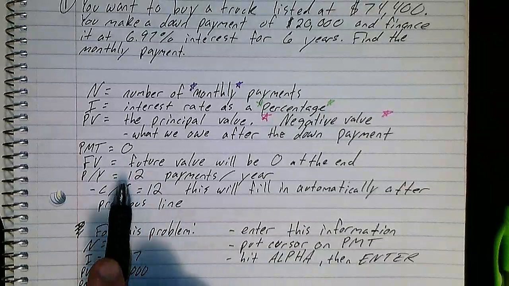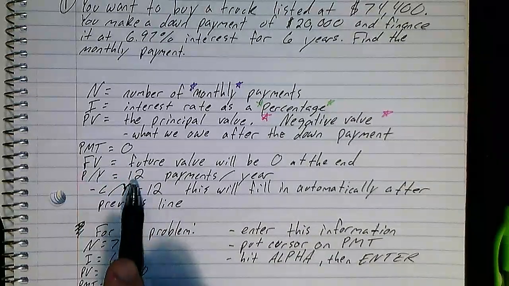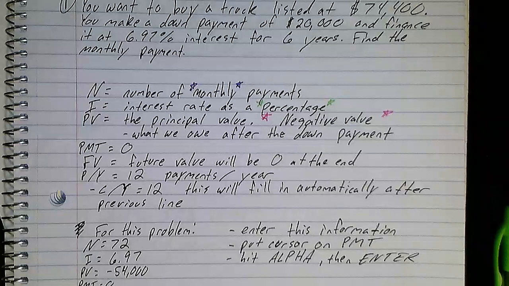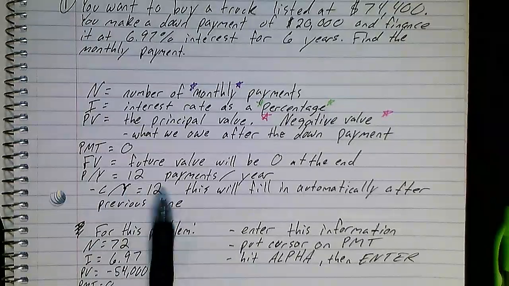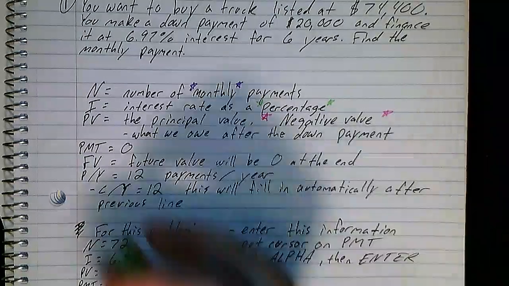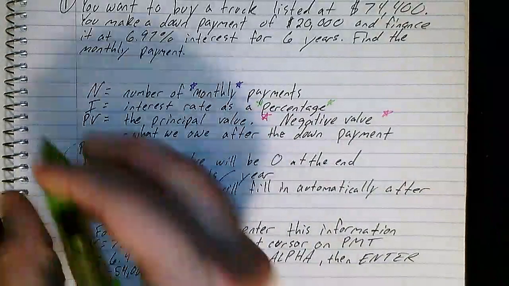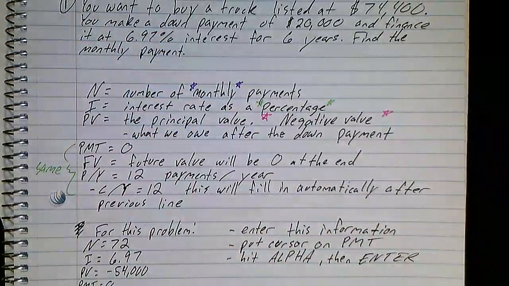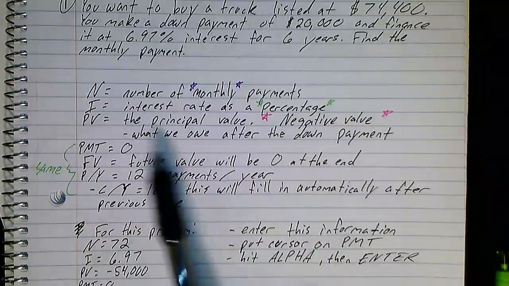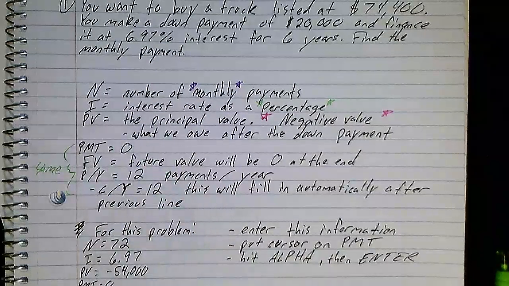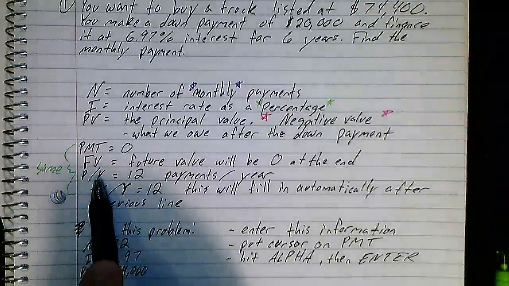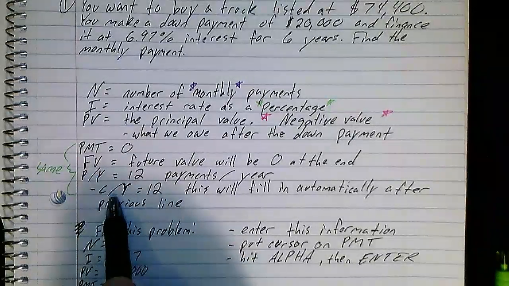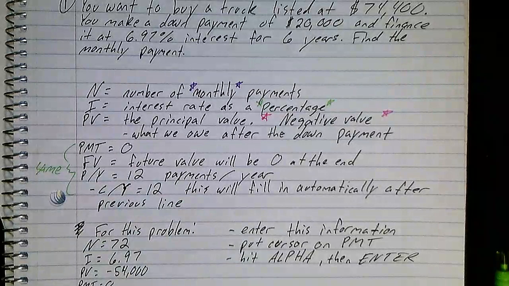We need to change P/Y to 12, and once we do that, C/Y will automatically fill in as 12. So again, these are the same every time. Payment and FV are both 0. P/Y and C/Y are both 12.